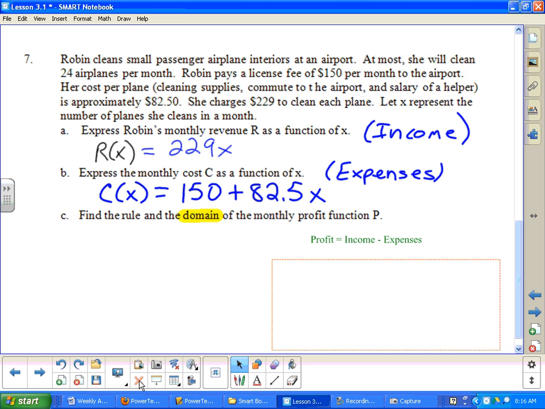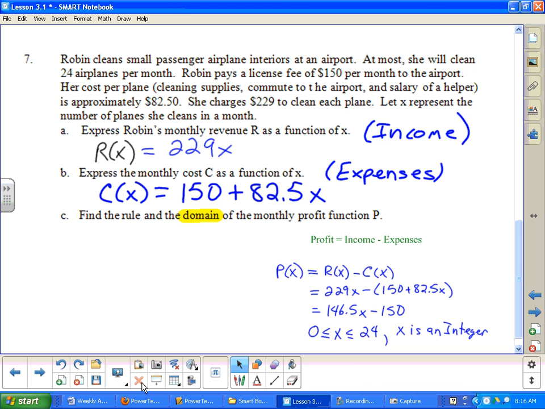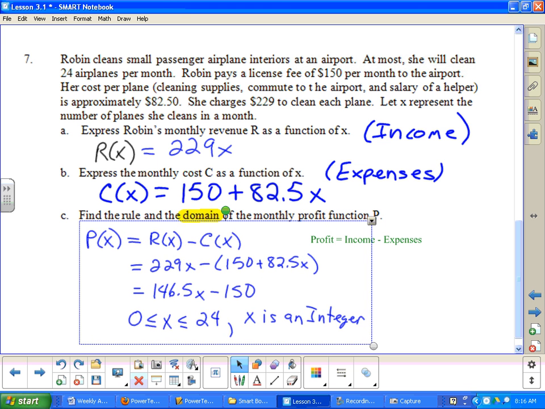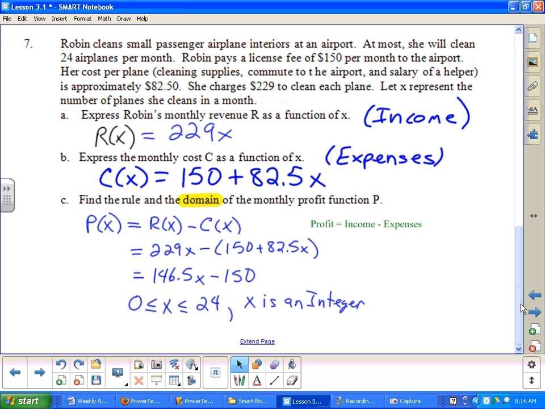We take that 229x and subtract all the expenses that go along with it, so we get 229x minus the quantity 150 plus 82.5x, which gives us 146.5x minus 150. So if she doesn't clean very many planes, she's in trouble.